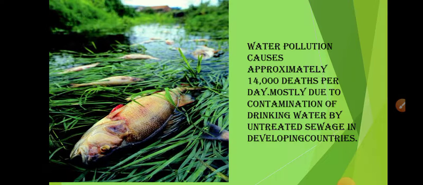So the main factor is sewage. We talked about sewage as well, the water that comes out from our bathrooms and toilets, which is untreated. If untreated water is still being thrown into the water bodies, it may cause the death of the animals. So that is what we discussed, right?